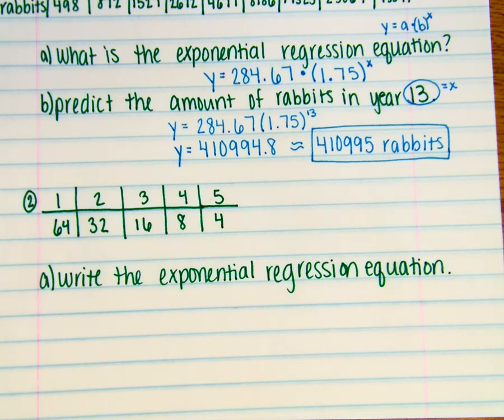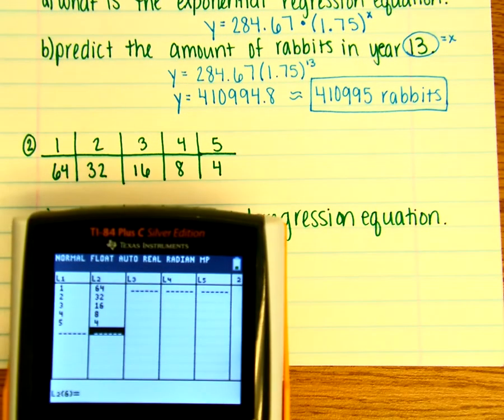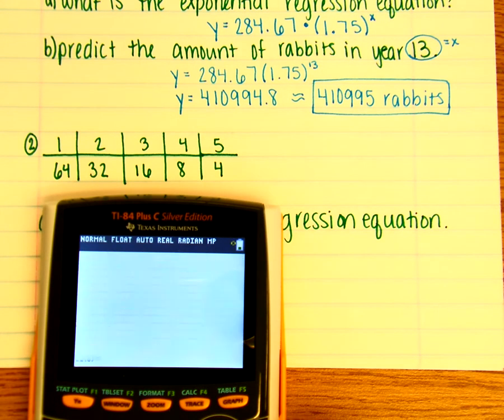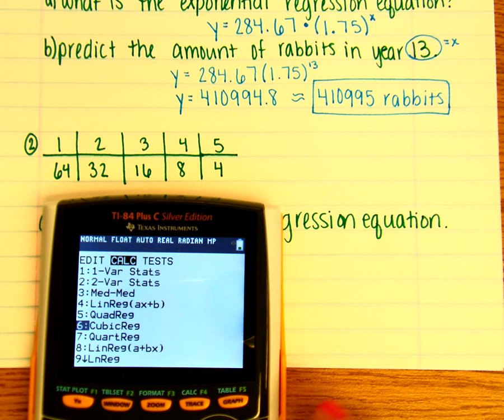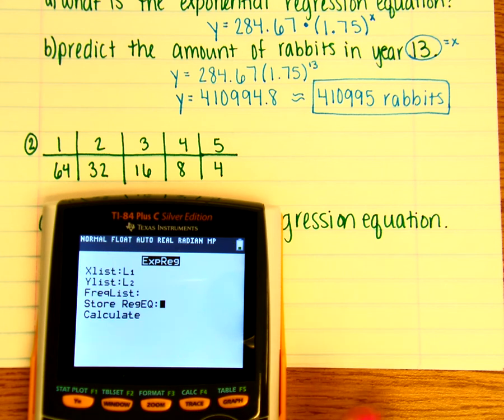Okay, I'm going to just go quickly through this. I'm clearing out my calculator right now and entering in the new data set that I have here. Remember, first row goes into L1, second row goes into L2. So this is exactly what I have here. Now that it's in my calculator, I'm going to press Stat, Calc, and I'm doing an exponential regression, so I want 0.